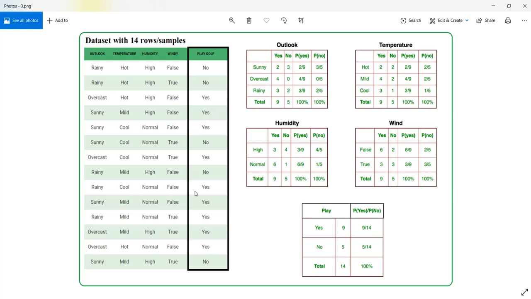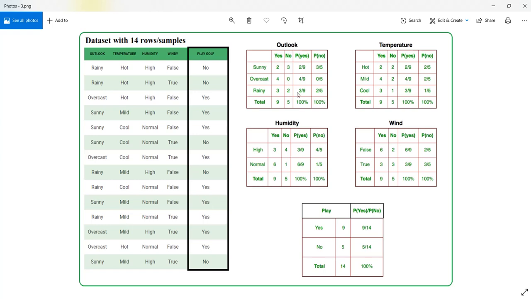This is some historical or past data set maintained by some sporting club, and in future there will be some day with some climatic condition. Based on that climatic condition, we want to decide whether an athlete is going to play or not.